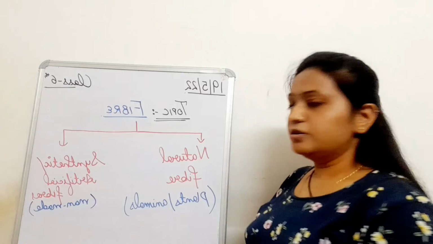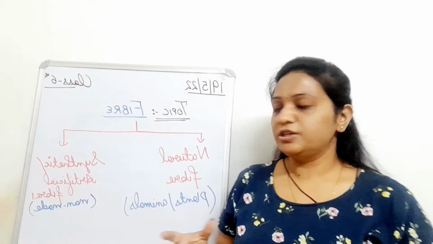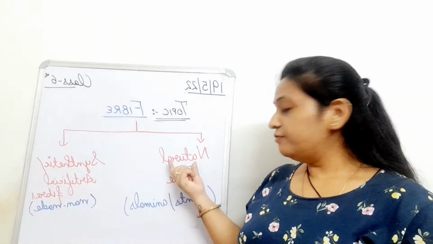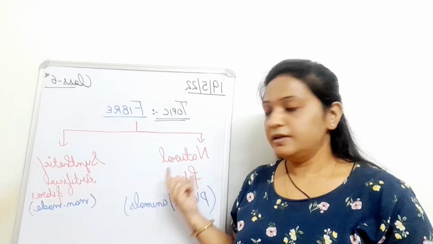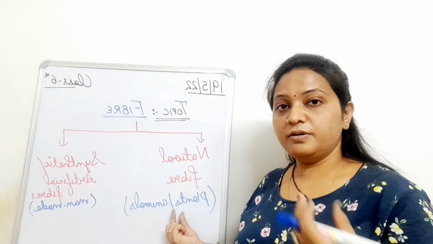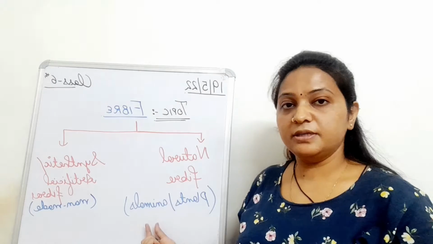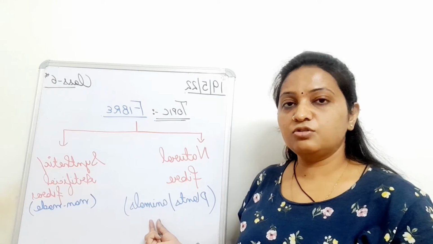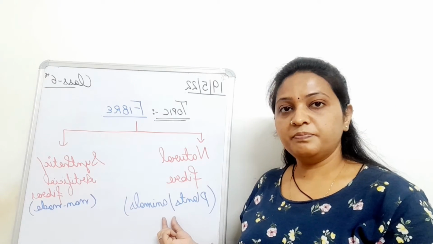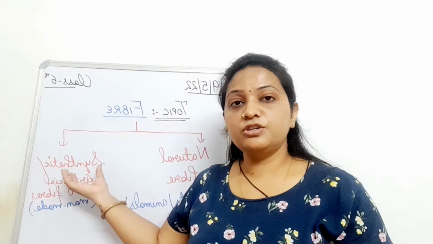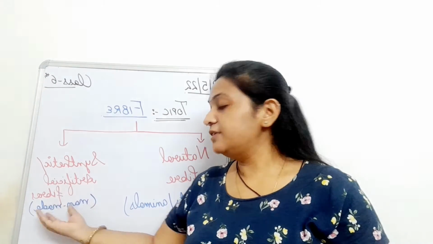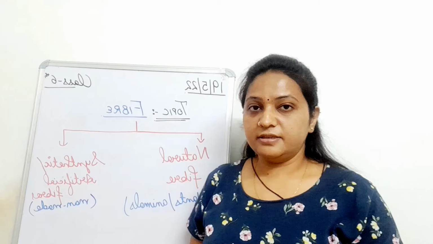Okay, I'm going to ask you one question. We have natural fibers because we get them from plants and animals. From nature we are getting them, so they will be cheap. So why is there a need to introduce synthetic or man-made fibers here? Any ideas?